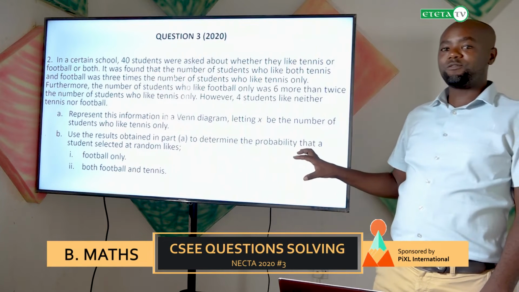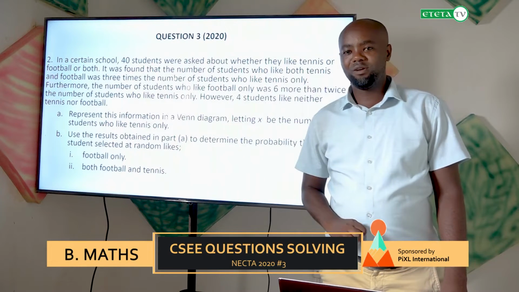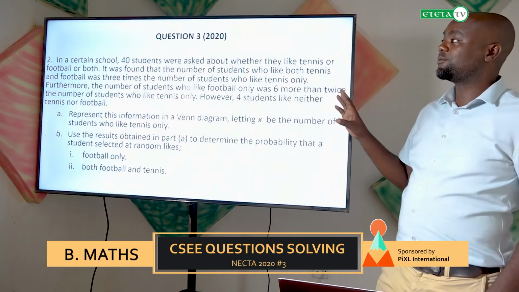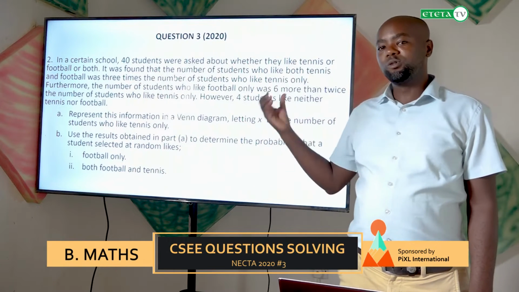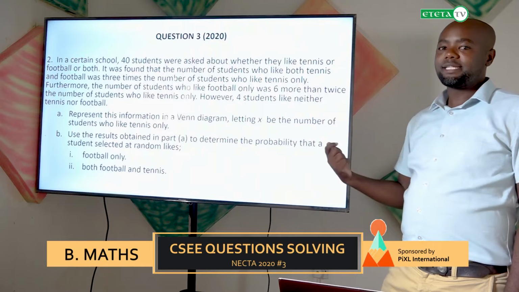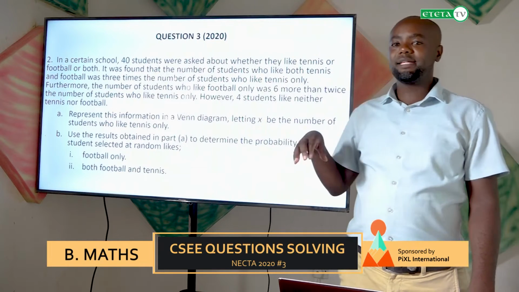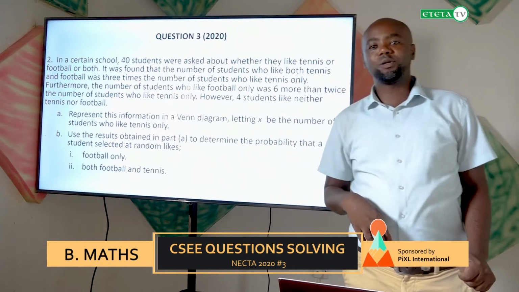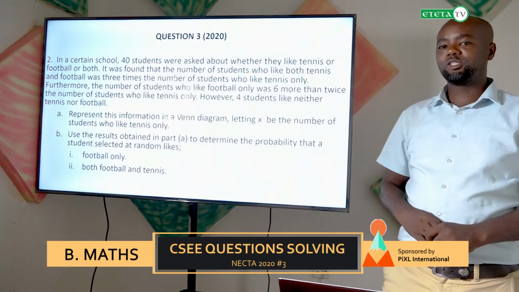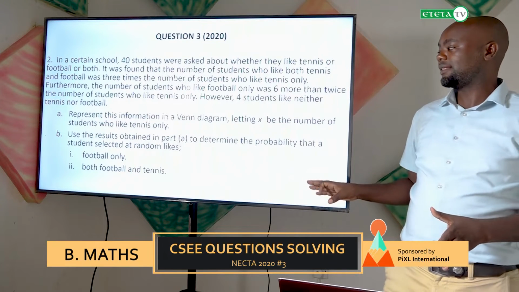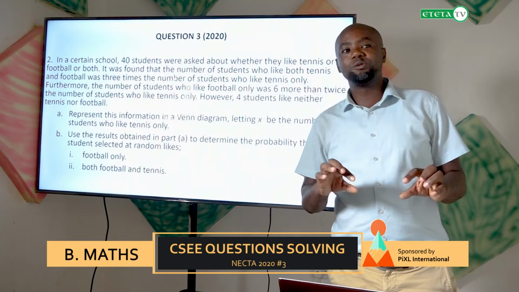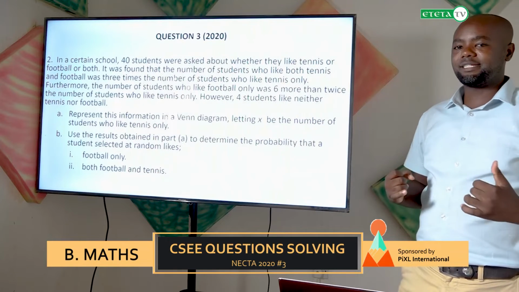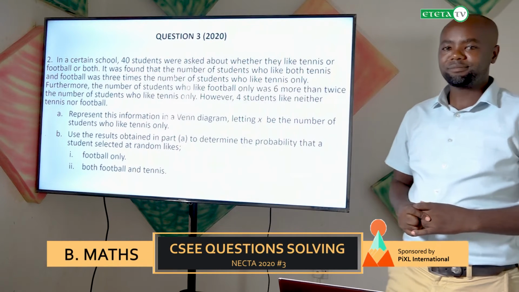So here is the knowledge of probability. While in part A there is the knowledge of the topic known as sets, now we are supposed to apply the knowledge of sets in part B, which is the topic known as probability. So before looking at how you can answer the question, we are supposed to understand some things which you must highlight in probability.